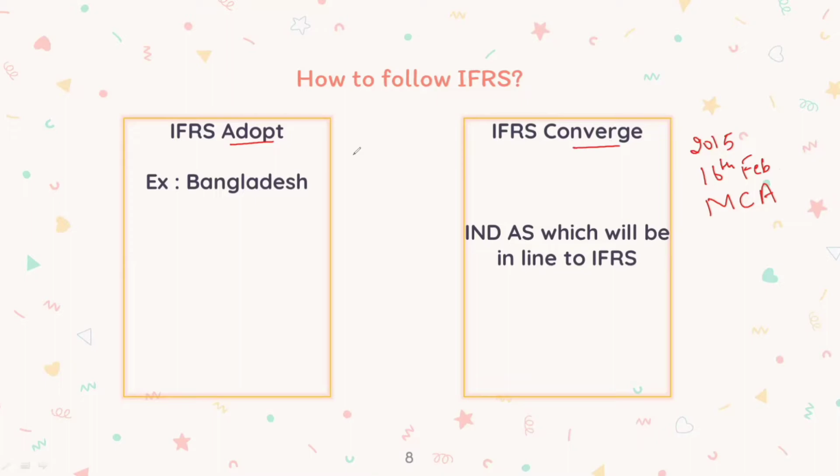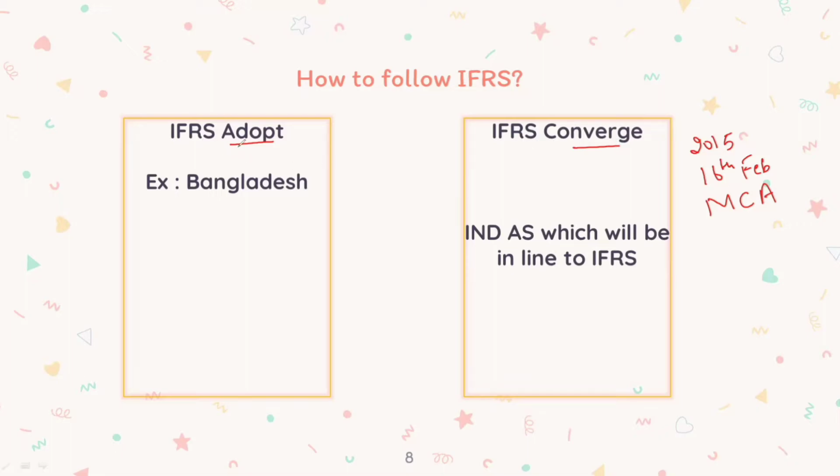Then they gave two options for the companies. One is that the companies have to adopt exactly the rules given by the MCA, or they have to prepare their own set of standards which should be just similar to IFRS. That you call IFRS converge.